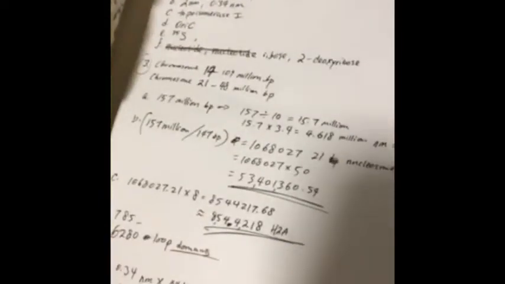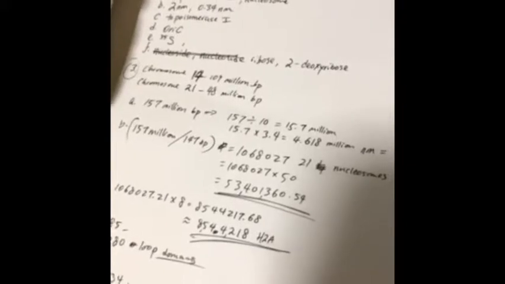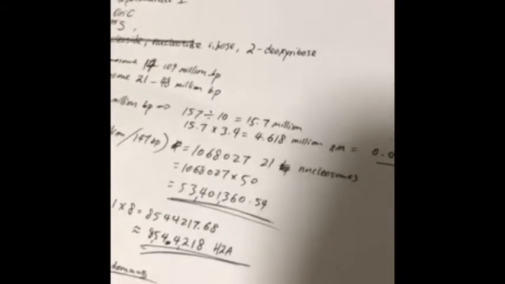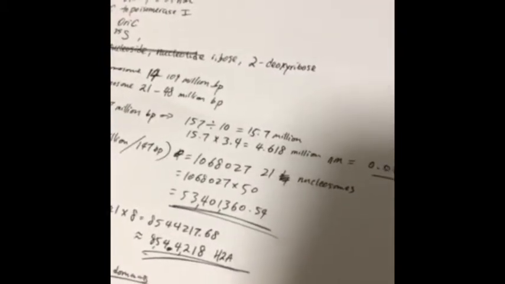So in order to find out, we divide that by 157 million, and we multiply that by 50 for the linker, and that should give us 53,401,360.54 is the answer.